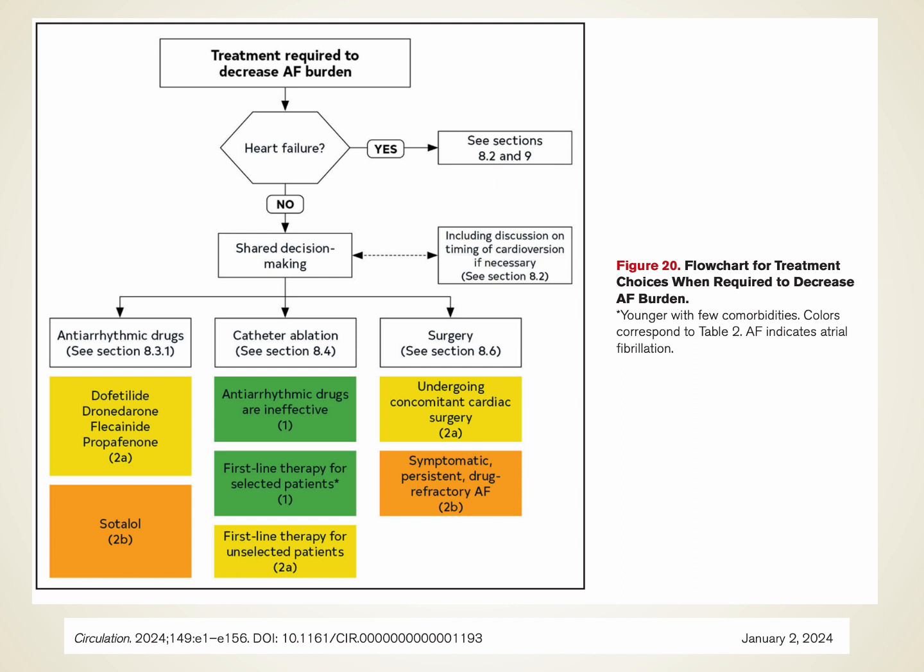It depends on their particular situation. Catheter ablation is often first line for certain patients for whom that's what they want and who maybe don't tolerate antiarrhythmics well, or folks who have failed antiarrhythmic therapy.